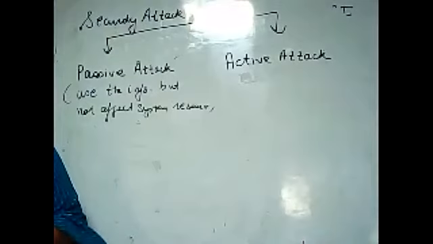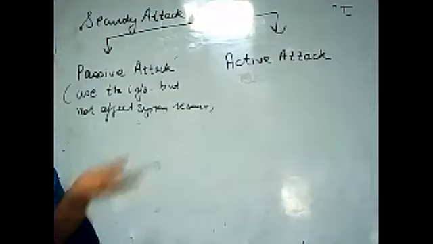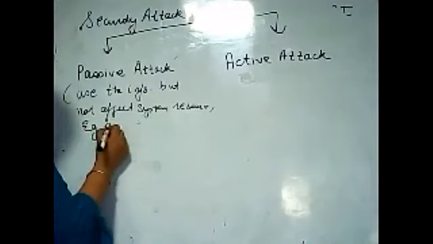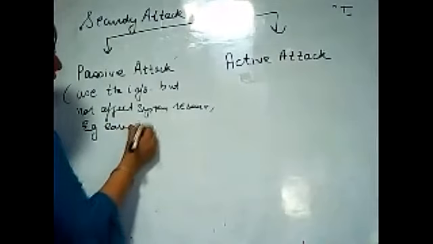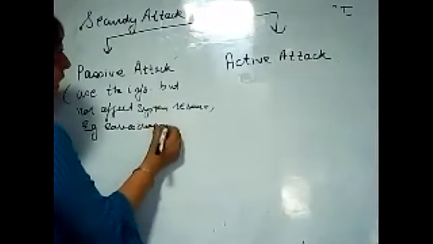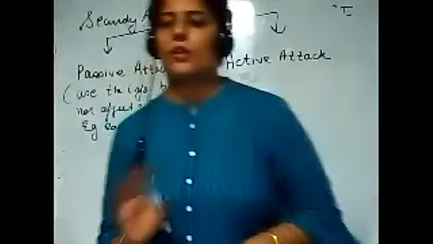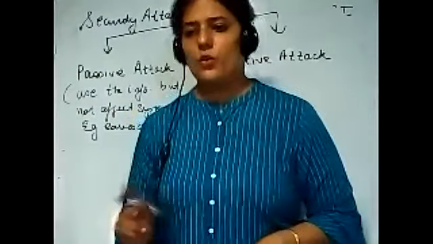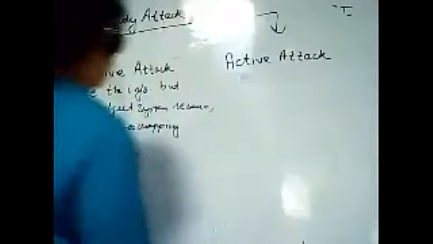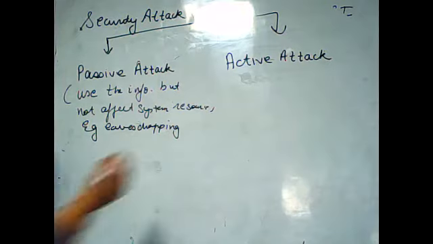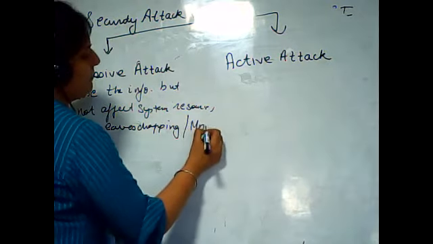Basically, a passive attack is in the nature of eavesdropping. It will just watch the transmission of information between the two ends, or we can say it will just monitor your transmission.